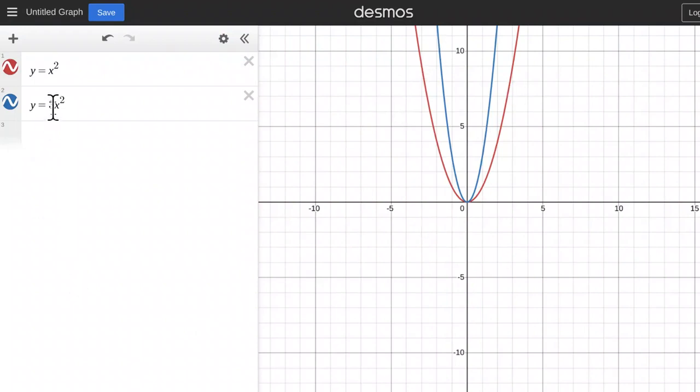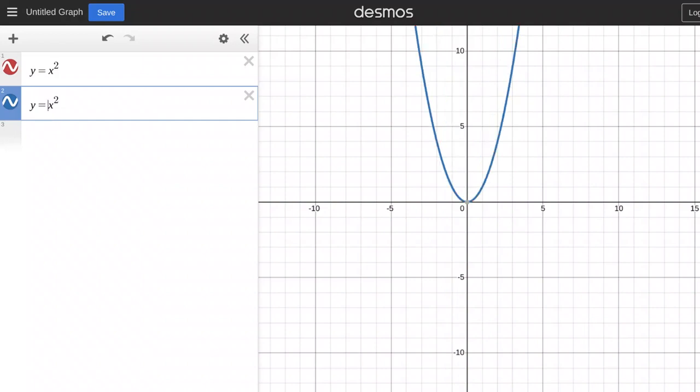This is y equals 5x squared, y equals 10x squared, and y equals 13.4x squared. Again, do you see what is happening to our graph and our parabola as I put numbers greater than 1 in front of x squared?